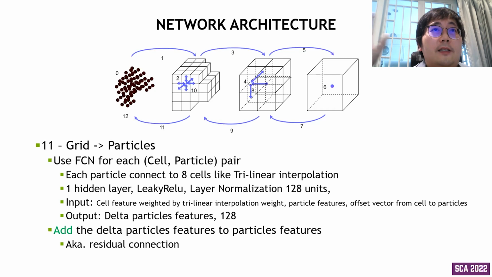And finally, the last step of the computation is to transfer the information from grid to particle. Again, we use a fully connected network with the feature that transfers the information from cell to the particle. The result gets added to the initial particle feature that we extracted in the first step, so that it now has a more refined latent space feature.